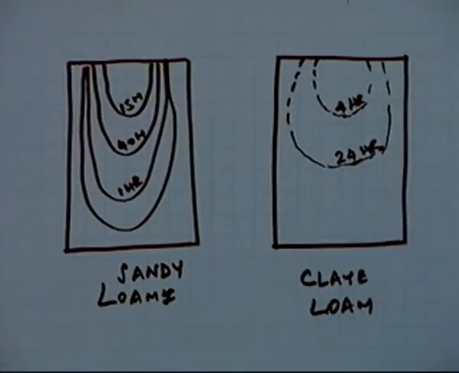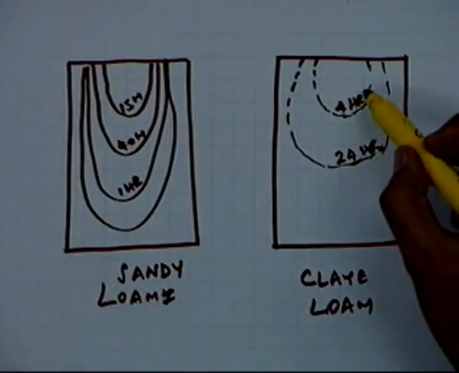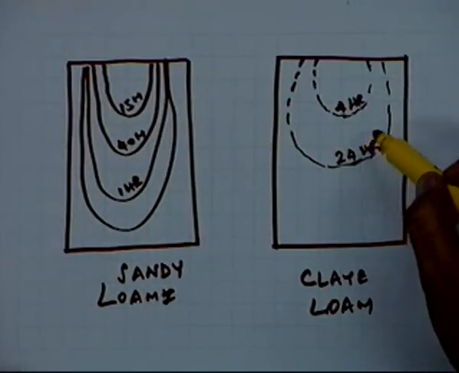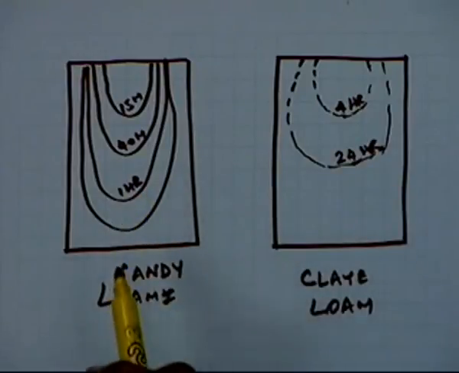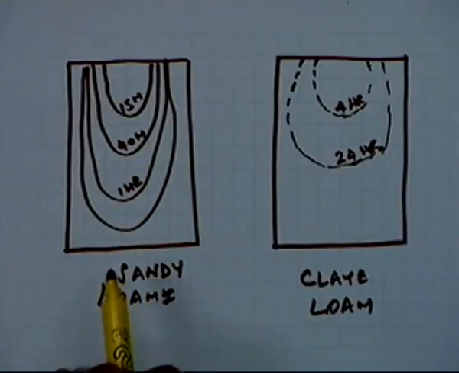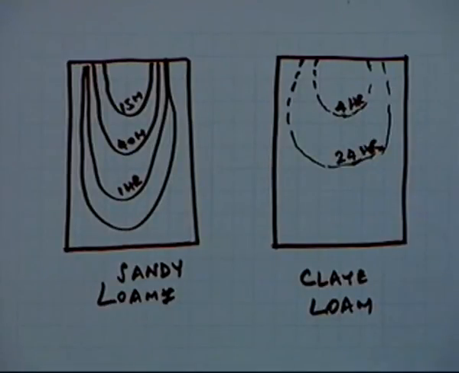So that is the level of difference between the two. Though the spread will be much better in the clay soil, which has clay predominance, in comparison to the sandy loam, the sandy loam will have more movement in the vertical direction.